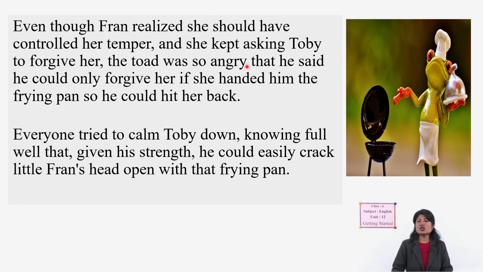The toad was so angry that he said he could only forgive her if she handed him the frying pan so he could hit her back. After beating, because of anger, she did not see anything. She banged Toby, but after hitting, she realized she should have controlled her temper.